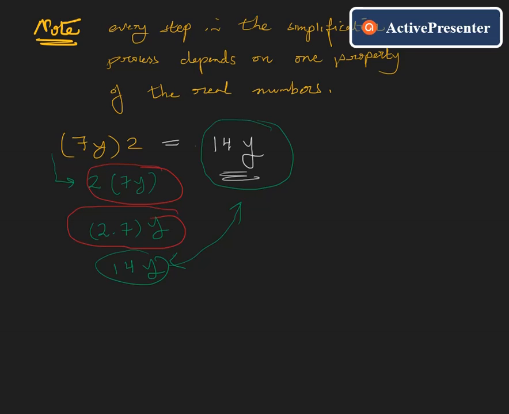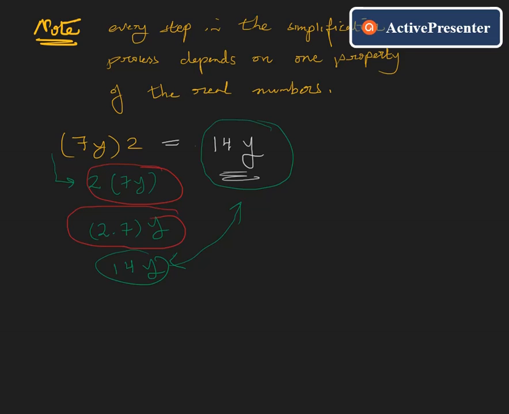However, we are not going to mention that, doing the commutative property, then we take 2 multiplied, and doing the associative property, 2 multiplied 7 multiplied. No, but you have to know what you are doing.